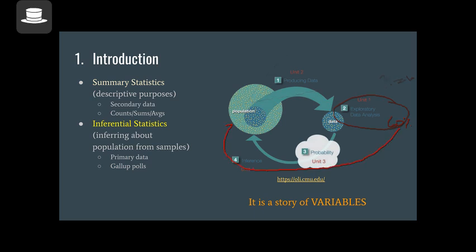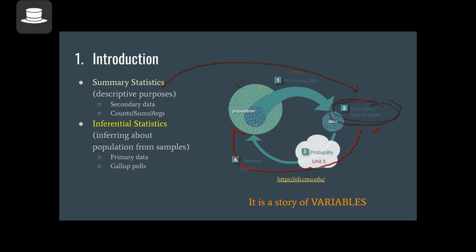It is inferring about the population values of a variable based on the sample values. Sample values are summary statistics. Population values are the inferential statistics. And for you to go from these sample values to population values, you use a magic wand called probability.